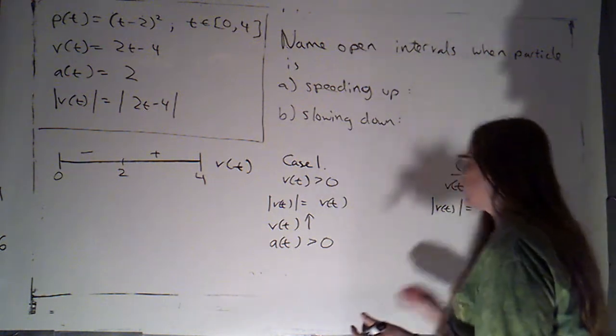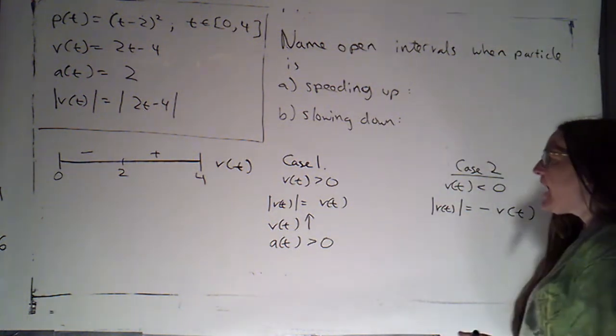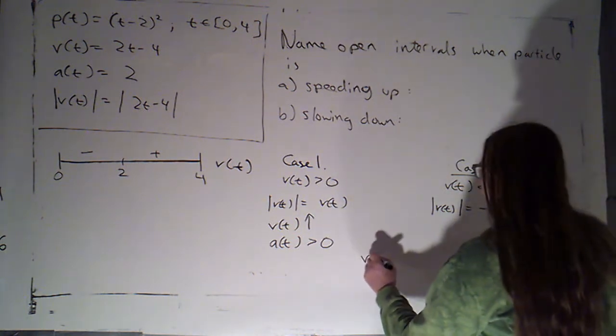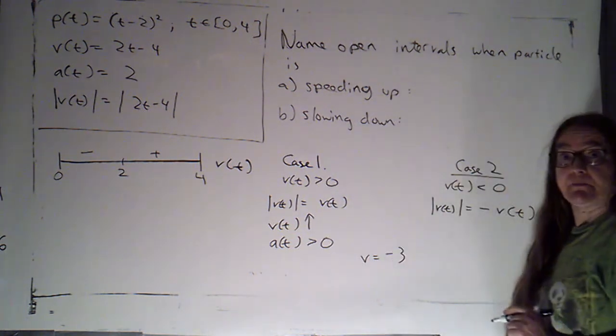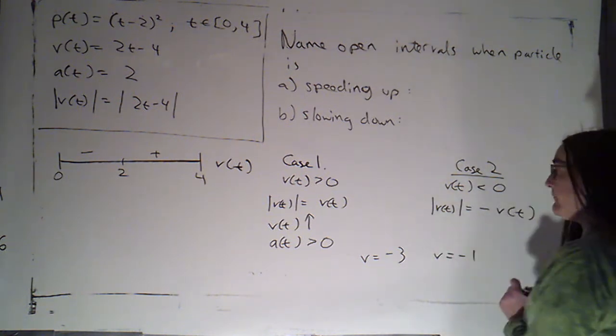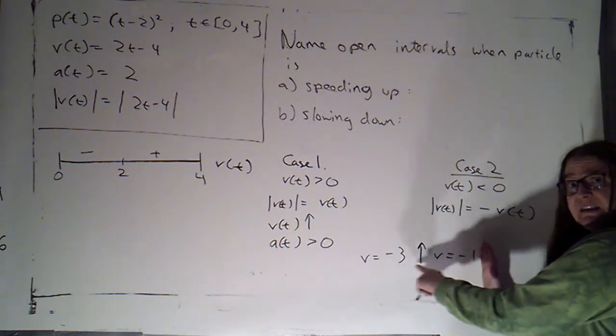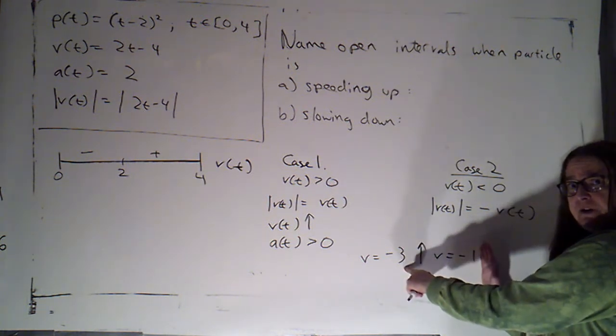And let's think about it. If velocity is a negative number, let's just say velocity was, just for example, -3. And if I were to go to velocity -1, that would be increasing. -1 is bigger than -3.